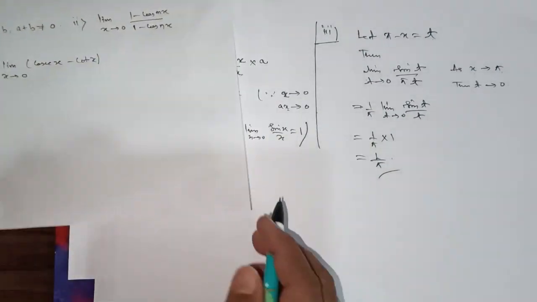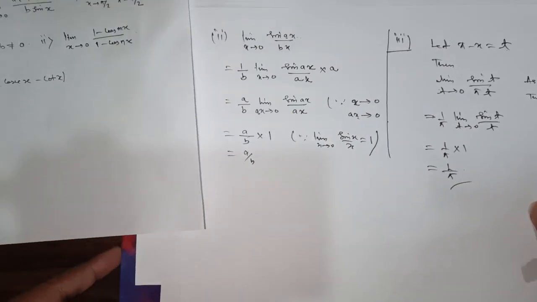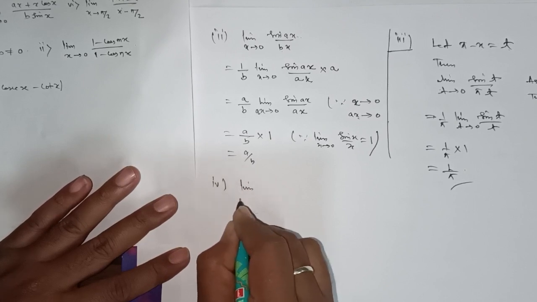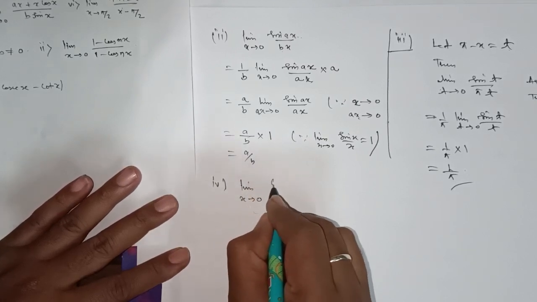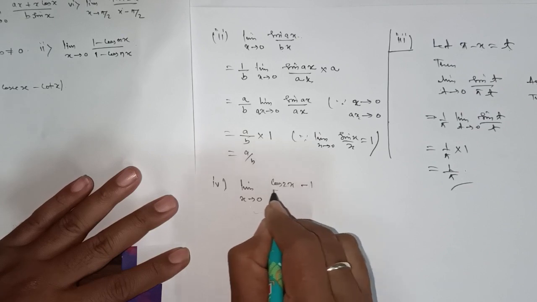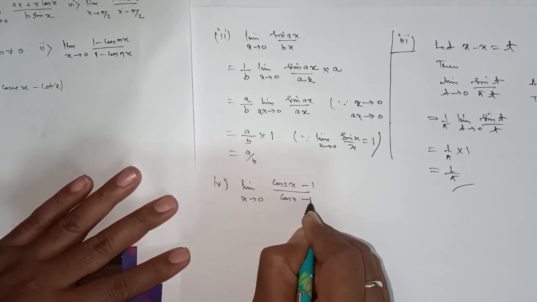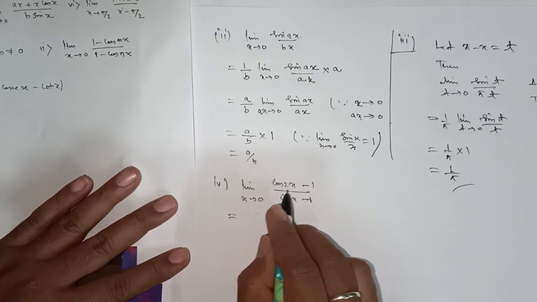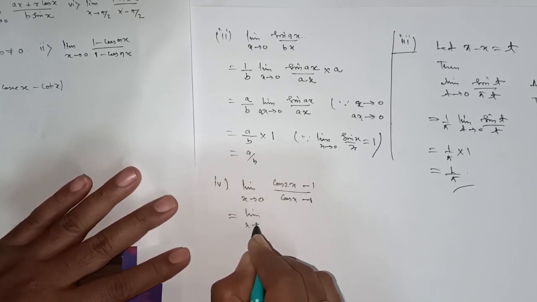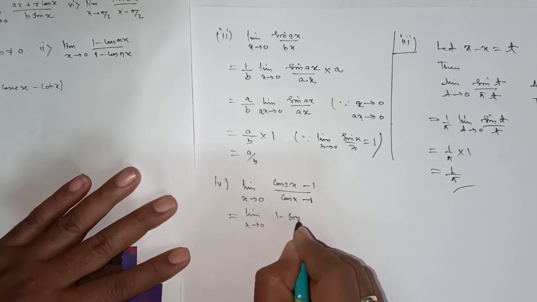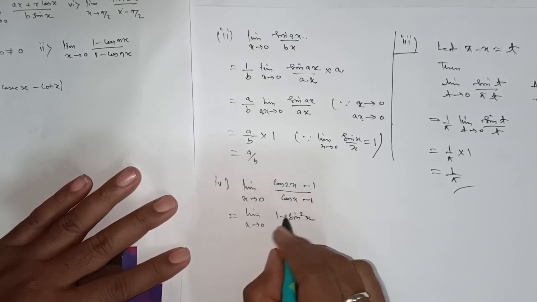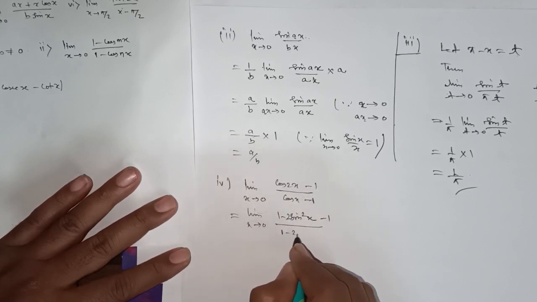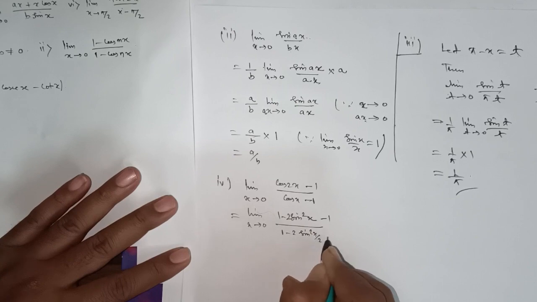Okay, so next we'll enter into the fourth one. So we'll see here the fourth one, that is limit x tends to 0 of (cos 2x minus 1) by (cos x minus 1). Already we have seen this formula. Cos 2x can be written as 1 minus 2 sine square x, so 1 minus 2 sine square x minus 1, divided by 1 minus 2 sine square x by 2 minus 1.